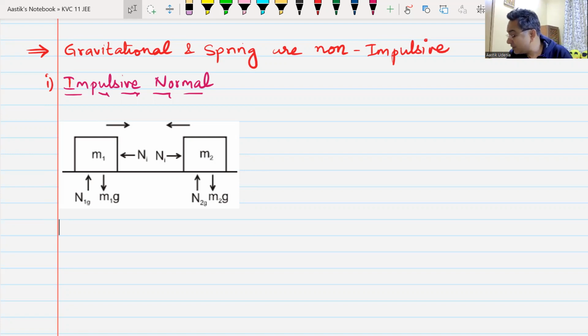Looking at this diagram, which force do you think is going to create an impulse, changing the momentum in a very short time? Which forces are going to be non-impulsive? Gravity is always non-impulsive, so don't worry about that. We are only worried about the normal reactions. Which normal reaction is impulsive, and which is non-impulsive?